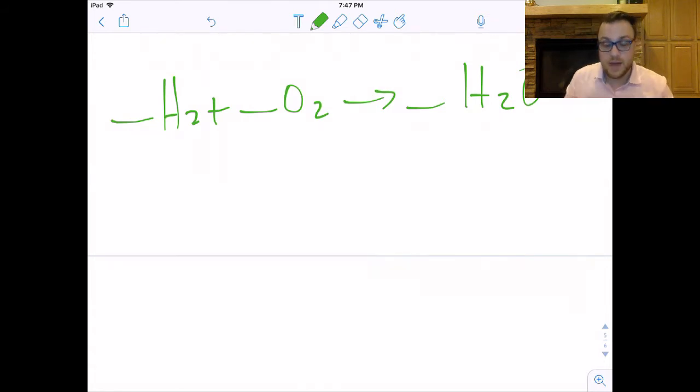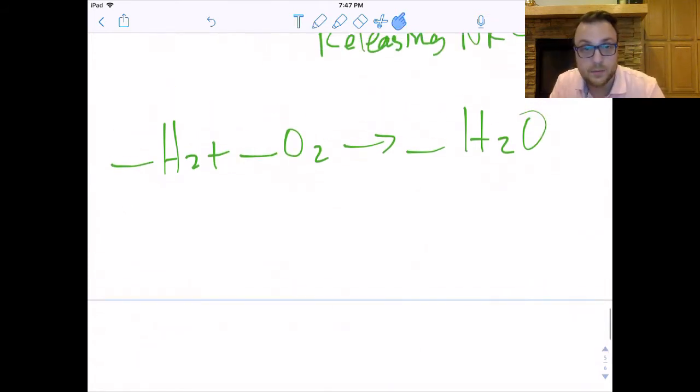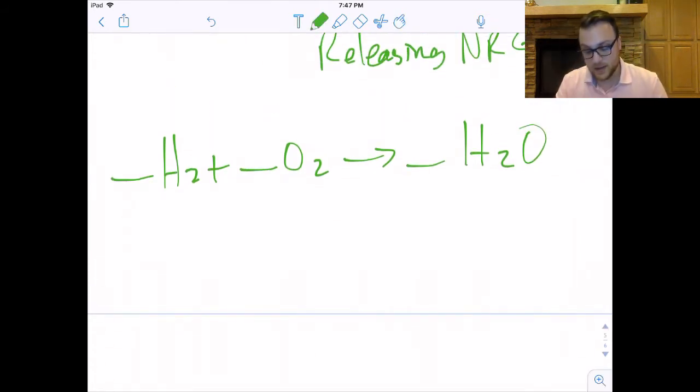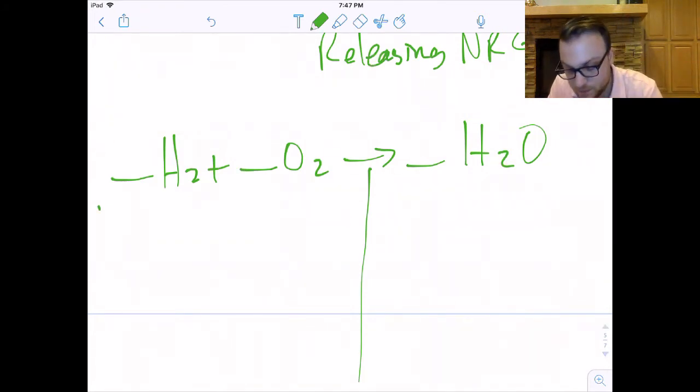So if I look at this, the way I balance equations is I draw a line down the arrow, and I just write, what are my atoms in this reaction? Well, I have H's, and I have O's. Count.